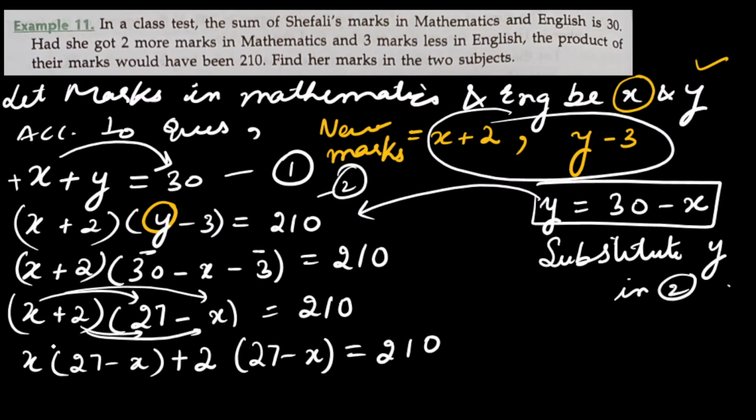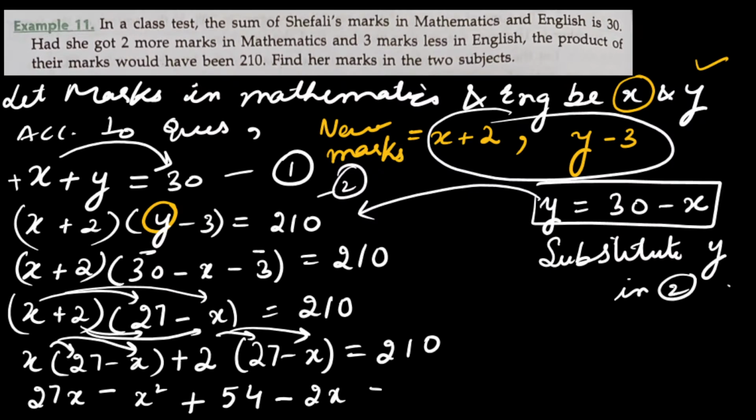So 27 into x is 27x, minus x into x is x square, plus 27 into 2 is 54, minus 2 into x is minus 2x, equal to 210.